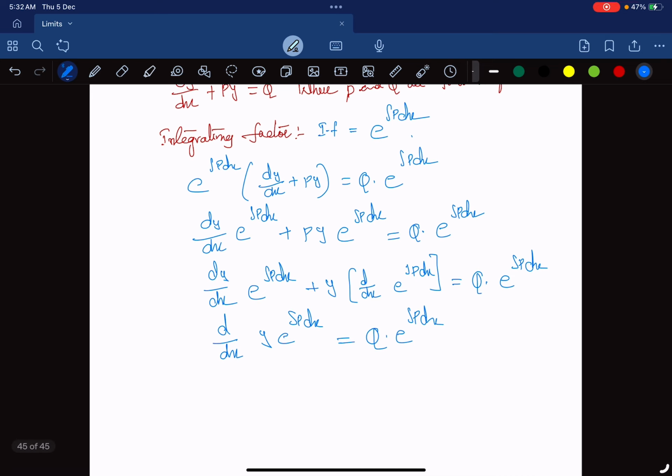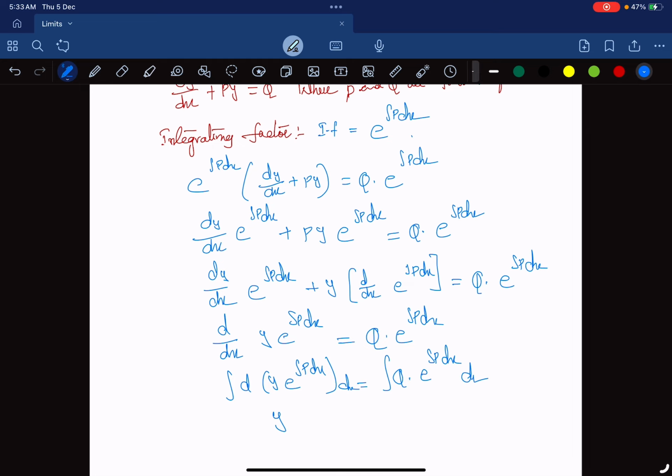By integrating on both sides, the integral of d by dx of y into e power integral of p dx is equal to the integral of q into e power integral of p dx dx.